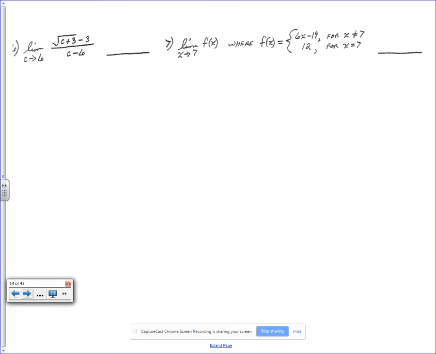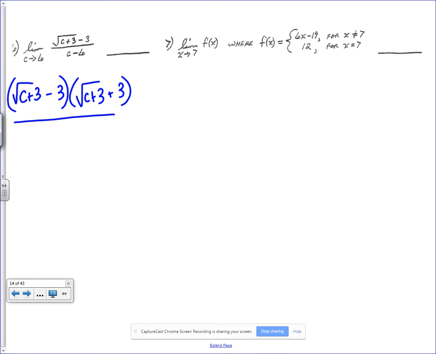Number 6, looks like we're going to have to multiply by a conjugate. So that's what multiplying by the conjugate will look like.